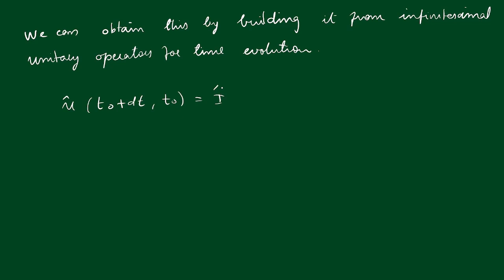ഓക്കെ, സോ വി റൈറ്റ് ദിസ് ആസ് I minus i H by h cross dt. Okay, so we'll say we can take infinite, I don't know what it means, infinite, but we are used to this thing, all right?